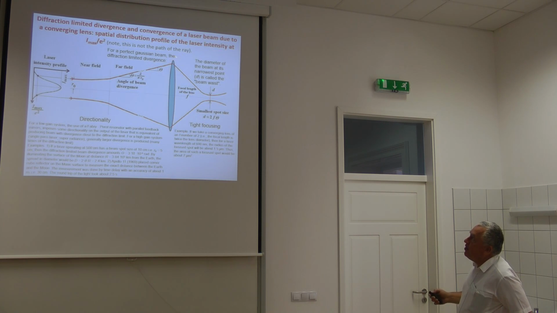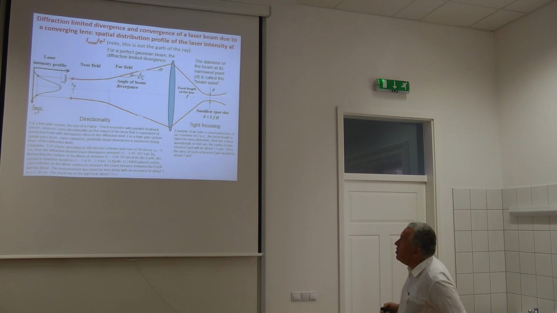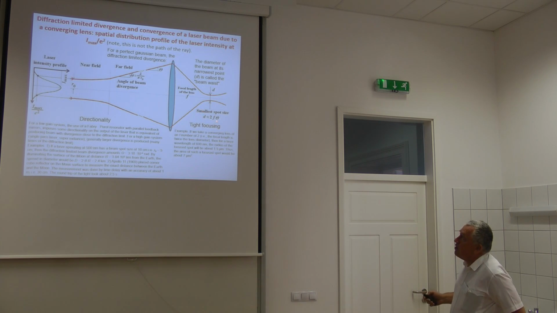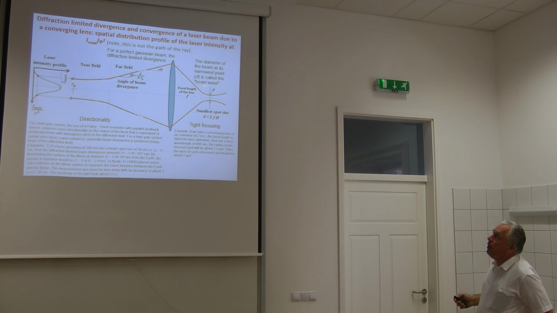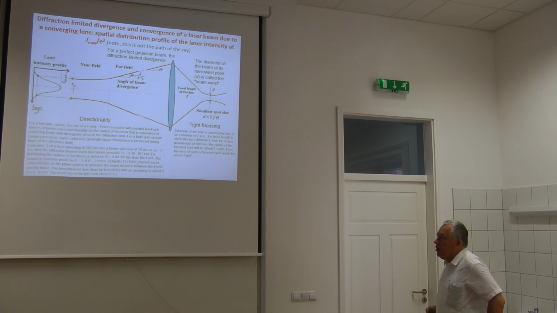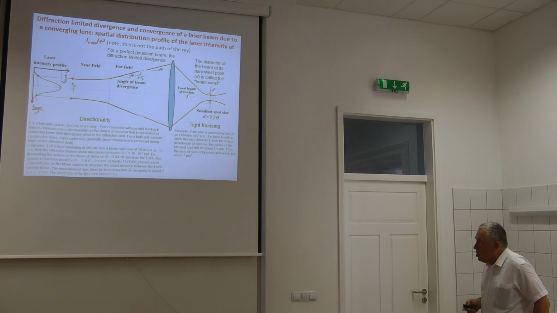Then you will get a converging beam, but it will not collect at a single point, as you can imagine, because it is limited by diffraction. The smallest spot size can be approximated by this formula, and this d value is sometimes called the beam waist. So this is the smallest diameter, but of course not a point.